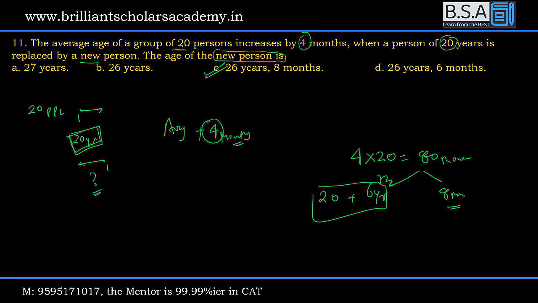Average increase is 4 months for 20 people. So the person is carrying 80 months extra. So these 80 months are how many years? 6 years is 72 months. So 8 months extra. 6 years and 8 months above the age of 20. So 26 years and 8 months. We do not need to know what the average of the earlier people was.